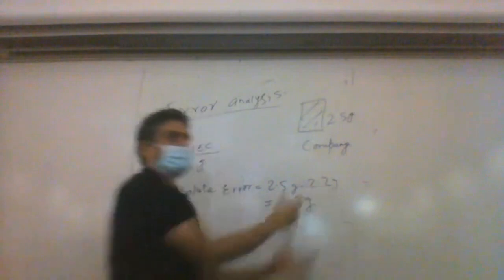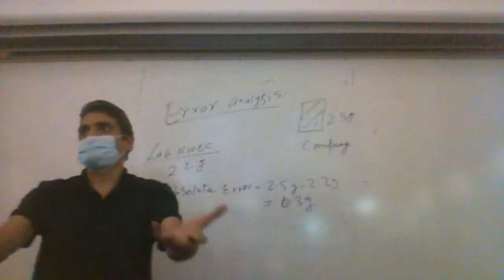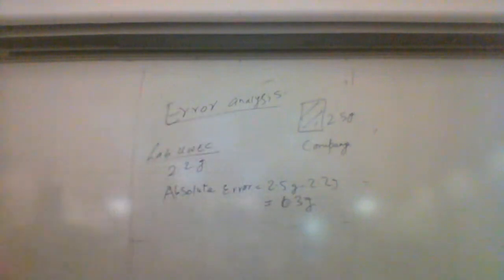That is my error. Whatever number the company gives you is the true value, and whatever you measure in your lab is your experimental value. So that is the absolute error.